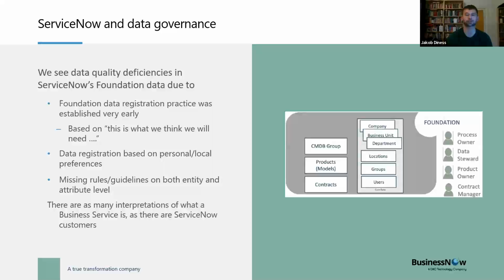Søren, I got one question. Yes. When you say guidelines, is that a prescriptive or descriptive way of thinking? That's a good question. I would say it's a prescriptive way of thinking, in the sense that we want to ensure that we can teach our colleagues how things should be done, based on fundamental decisions made in a data governance organization about what is the right way to do it.